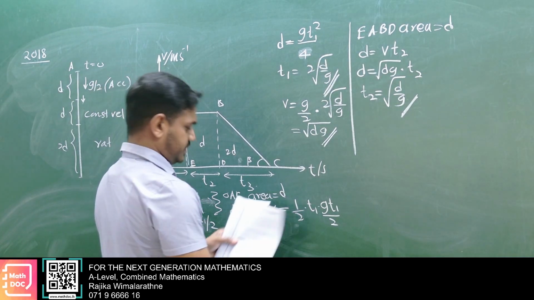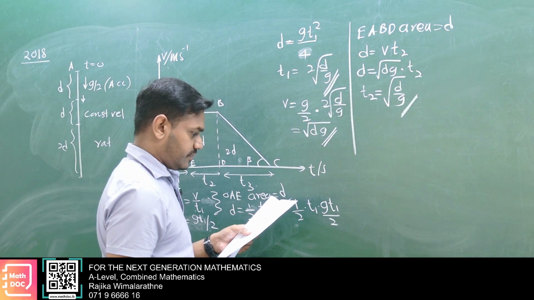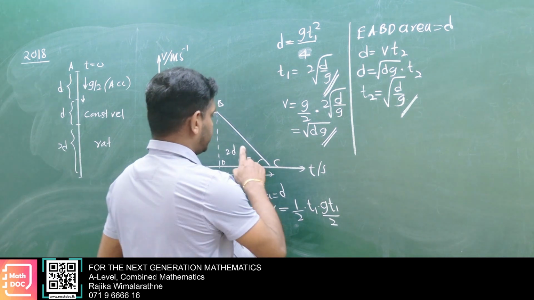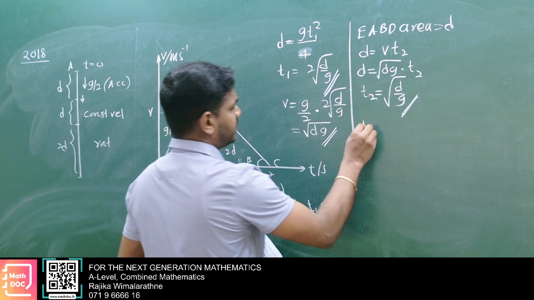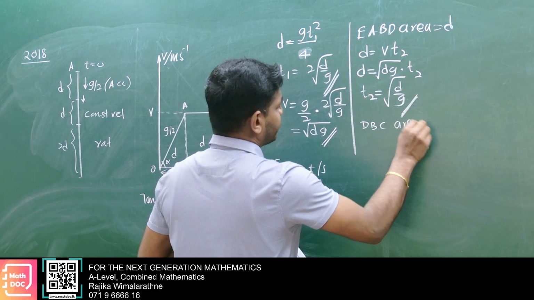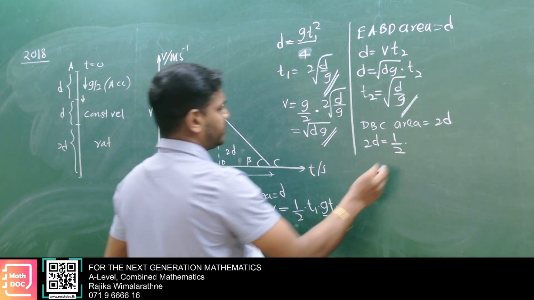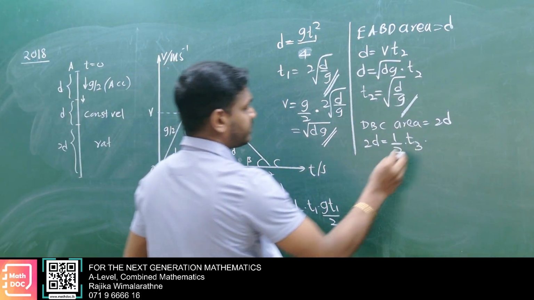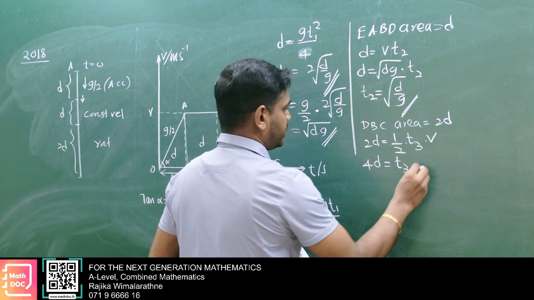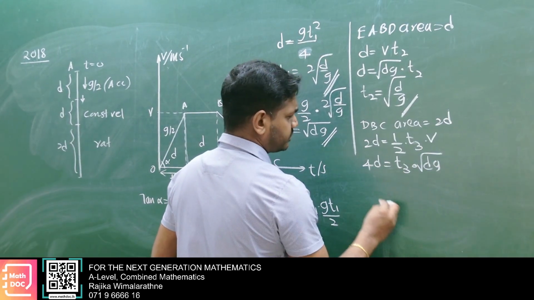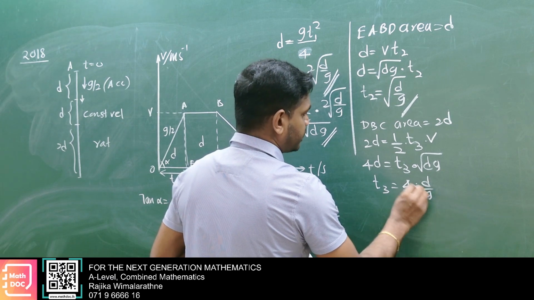Then here retardation, then here tan beta. Area DBC is 2d, half into t3 into v. 4d equals t3 into v, root of dg. So t3 is 4d over g root.